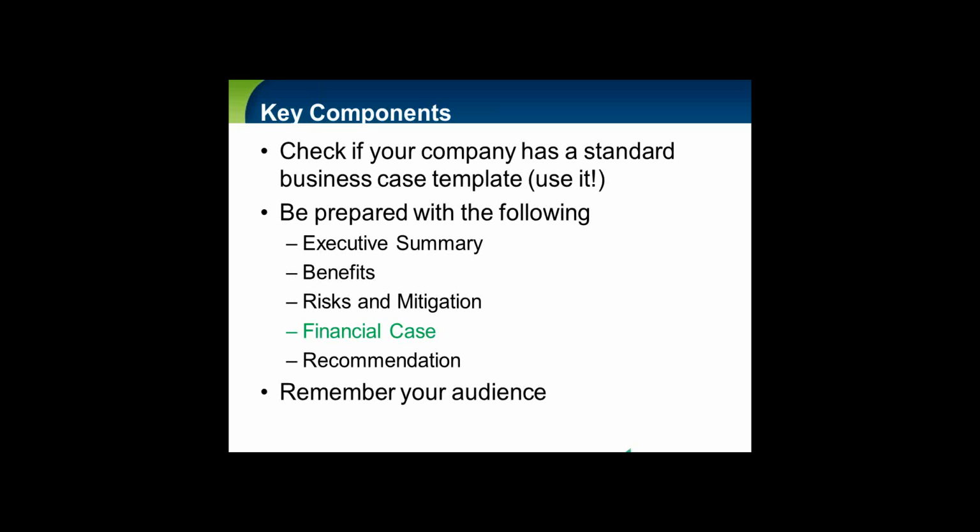So most of my emphasis, of course, will be more on the financial components of the case. In the exec summary, you definitely want to have a quick synopsis of the problem you're trying to solve, identify the key assumptions, and in particular, finance people really appreciate a sensitivity analysis. So it's really valuable to have a range of possible scenarios.